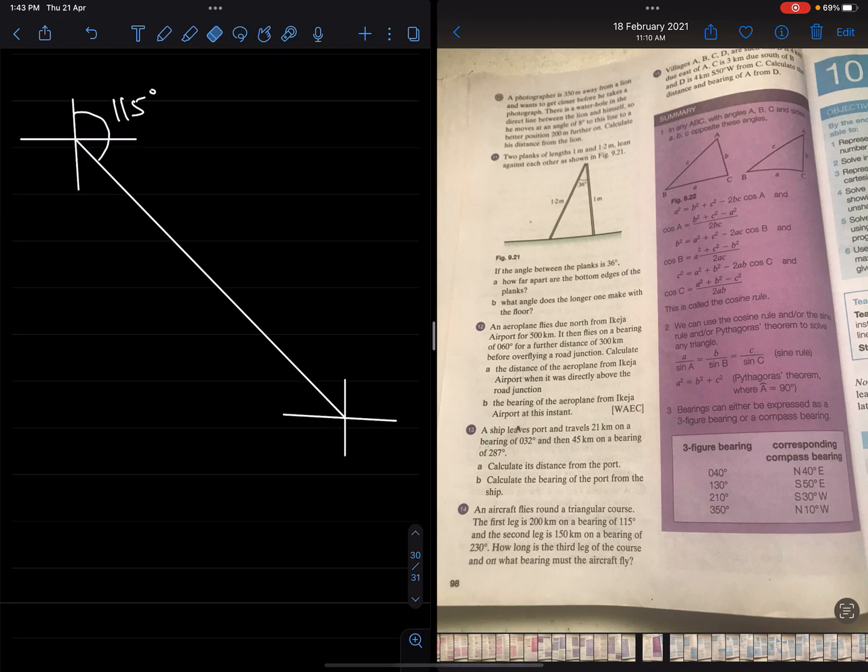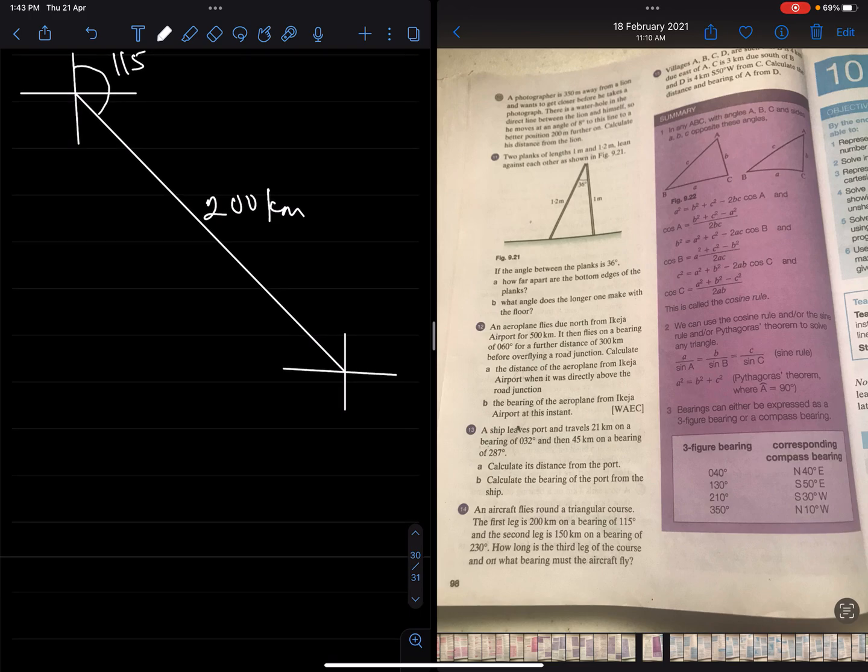Now the bearing is 115 degrees, and the distance is 200 kilometers. And the second leg is 150 kilometers on a bearing of 230 degrees. So it's now flying another 150 kilometers on a bearing of 230 degrees. That's going to be somewhere around there.